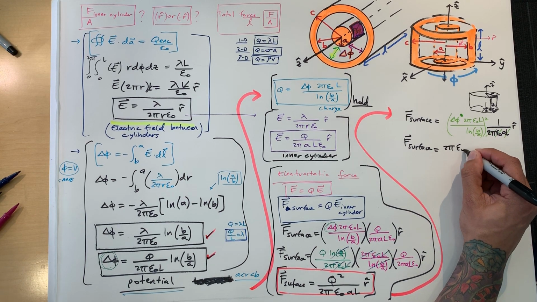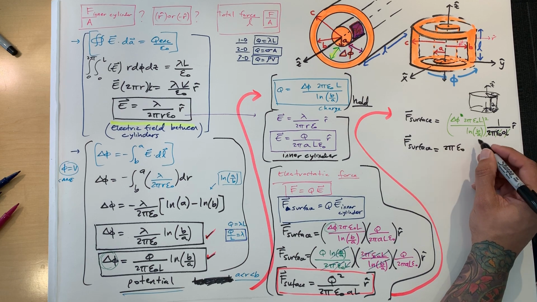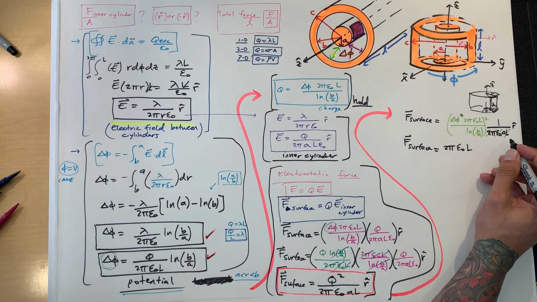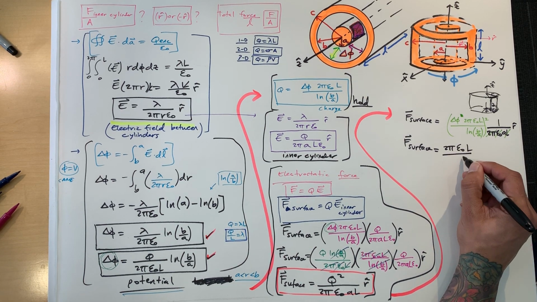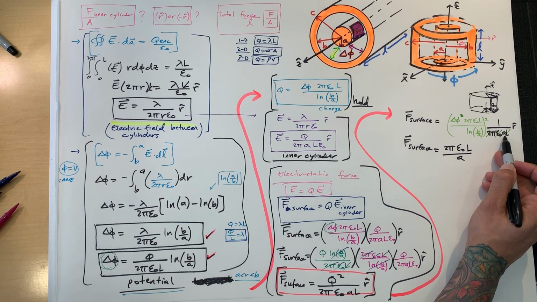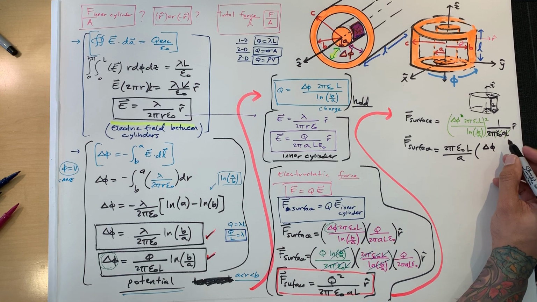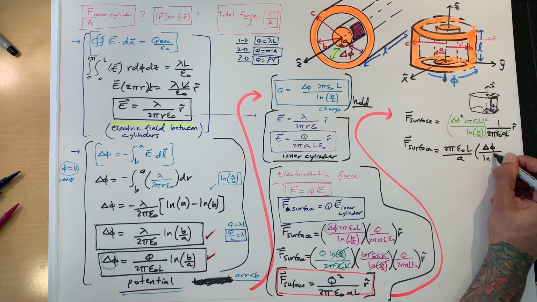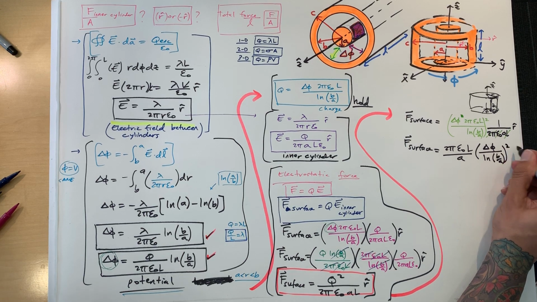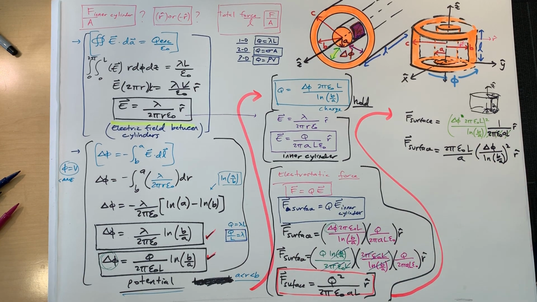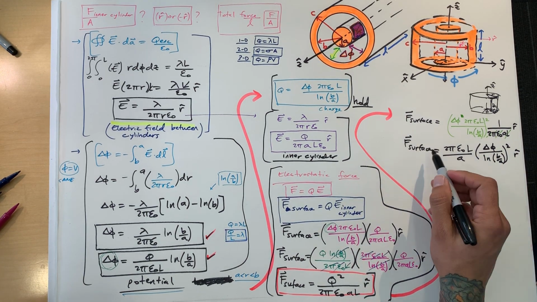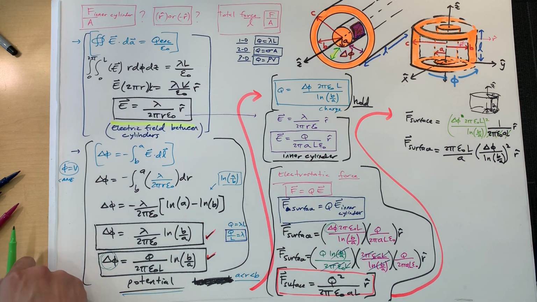We got an epsilon naught still hanging around. We got an L over A, which is here. And then on the inside, the things that are squared, we got the potential over ln of B over A squared in the radial direction. Okay, so this is the representation they were looking for.